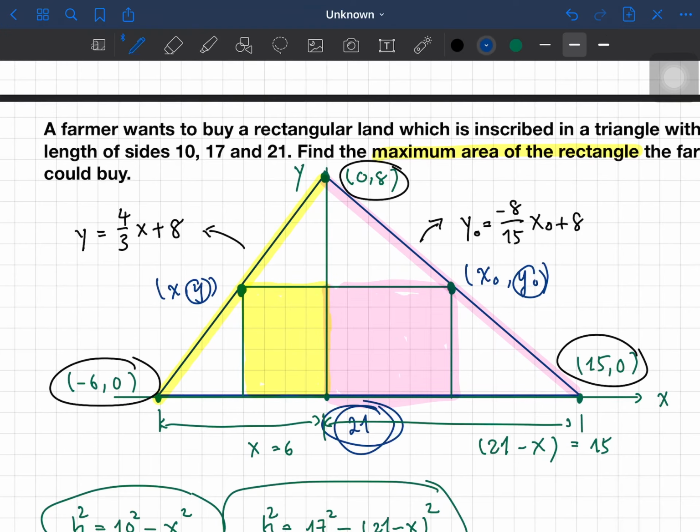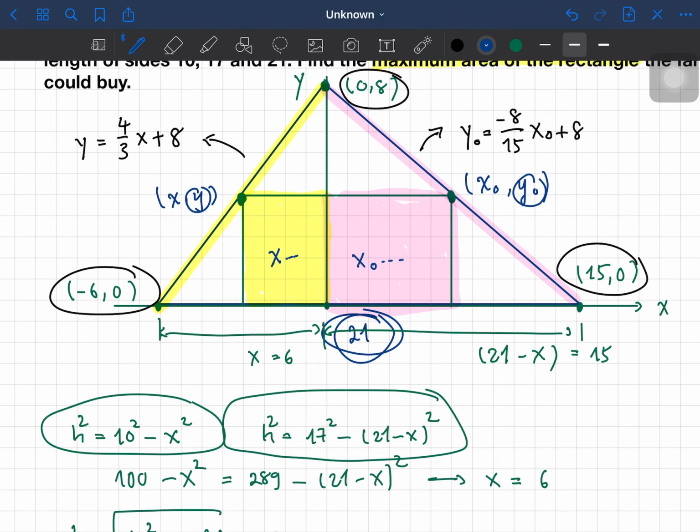So with the help of x, y, and x naught, y naught, we can express the area of the yellow rectangle in terms of x, and for the red rectangle, we can express its area in terms of x naught.